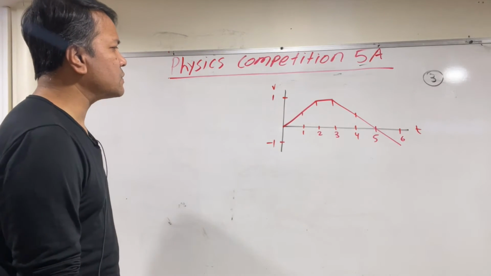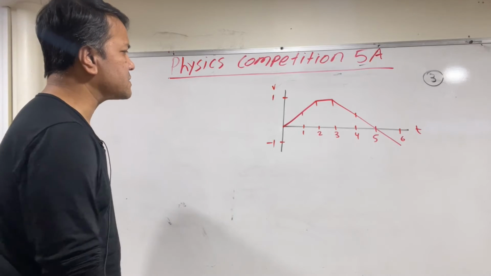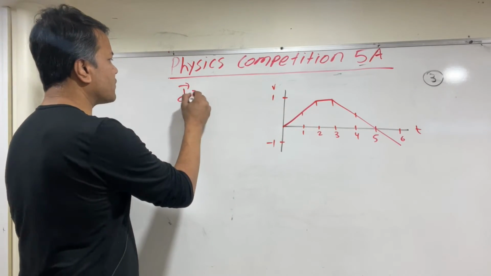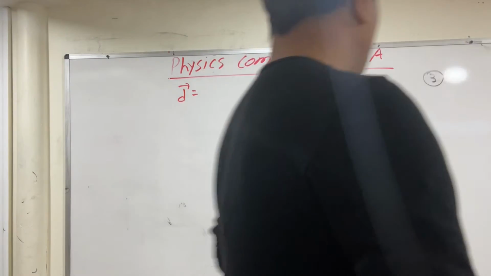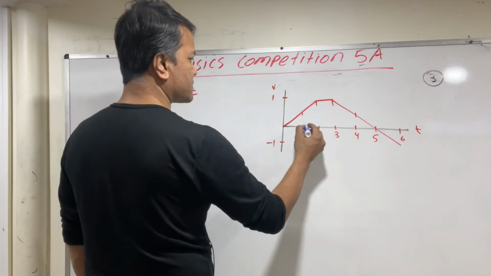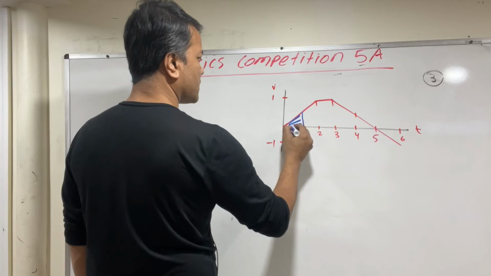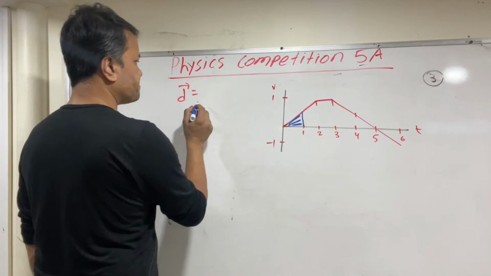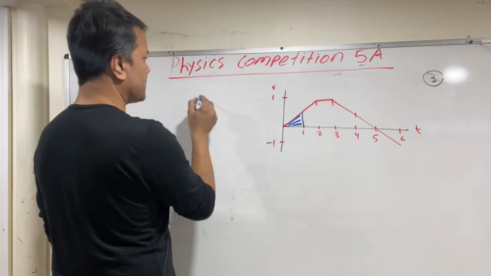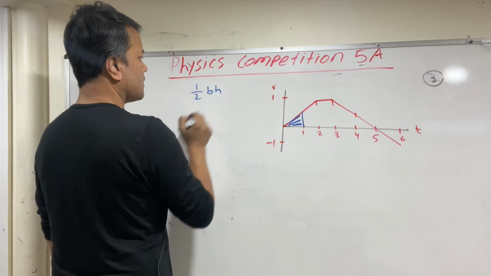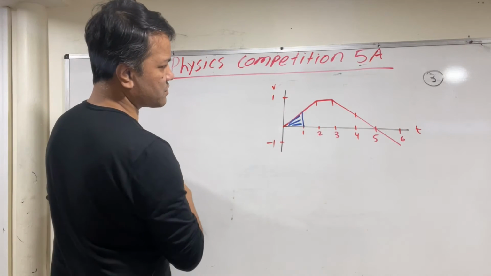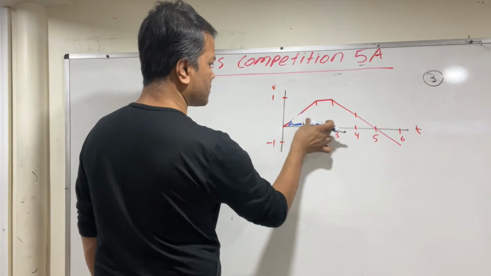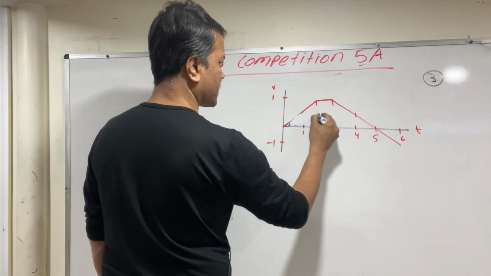What I want to do is find the displacement, total displacement. To find the total displacement, I'm going to use some blue. First, I want to find this area. So this area would be half BH. Actually, I don't want to do this one at a time. I want to do the entire thing at the same time.